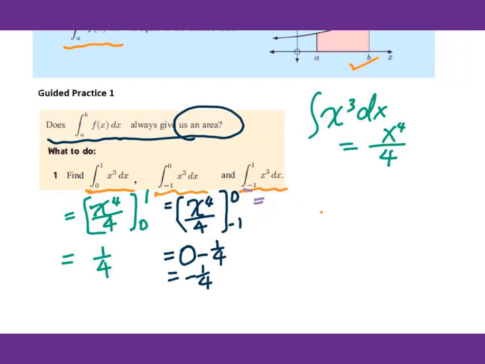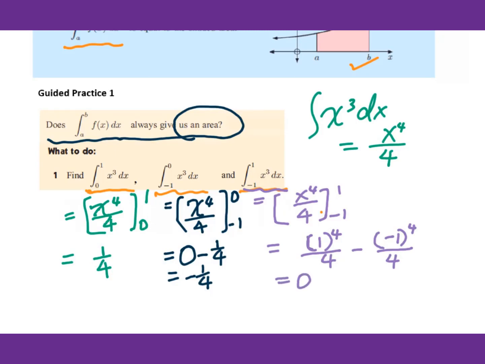For this one, you will get x to the fourth power over 4 from -1 to 1. So you get 1 to the fourth power over 4 minus -1 to the fourth power over 4. You will get 0.